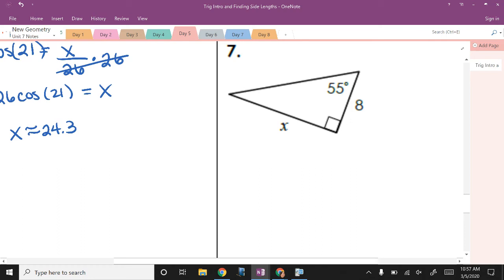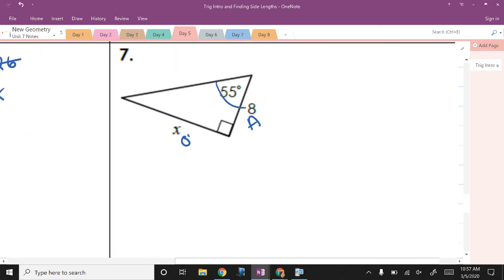All right. So what did y'all use? Sine, cosine, or tangent? Tangent, because the x is opposite and the 8 is adjacent. Y'all agree? Did everybody use tangent? If you did not use tangent, then get out your eraser. Okay. So tangent of 55 degrees equals what's opposite over what's adjacent? 8.